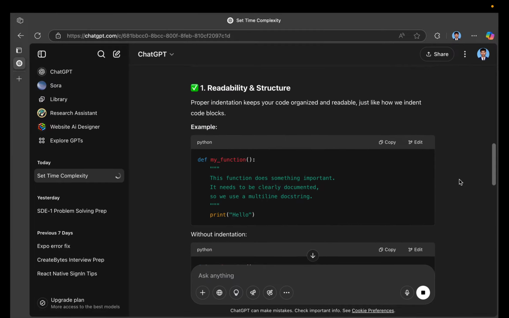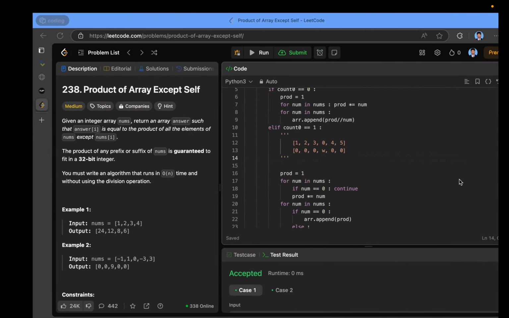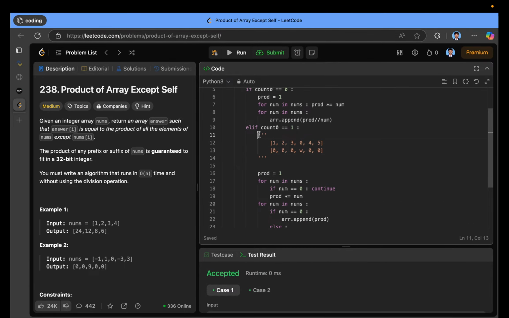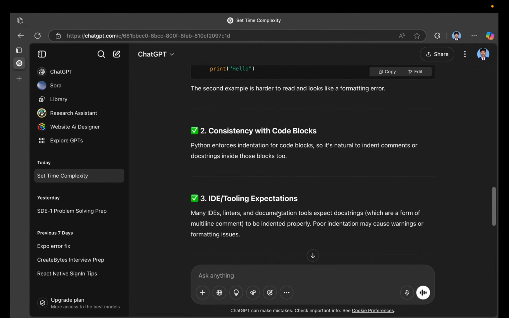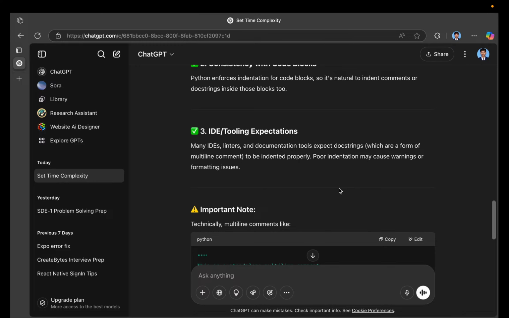No, yeah, it doesn't work in the previous year. Okay, IDE.